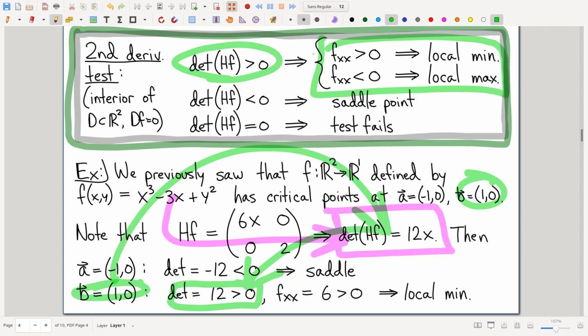So what is fxx? Well, fxx is this entry right there, and that entry is positive at this point. Again, keep in mind, at this point, x is 1, y is 0. So that fxx is positive, and positive means local min. And we are done with that one. Everybody good? Okay.